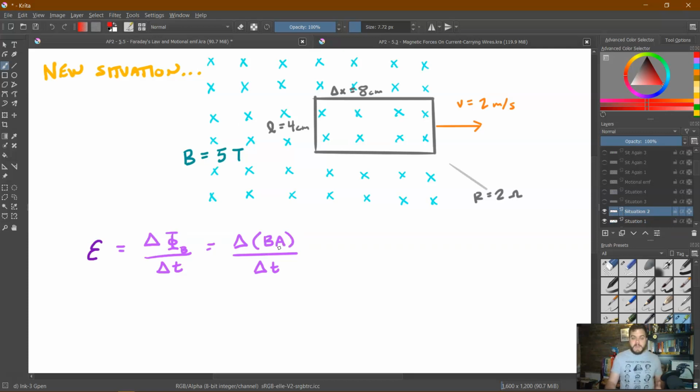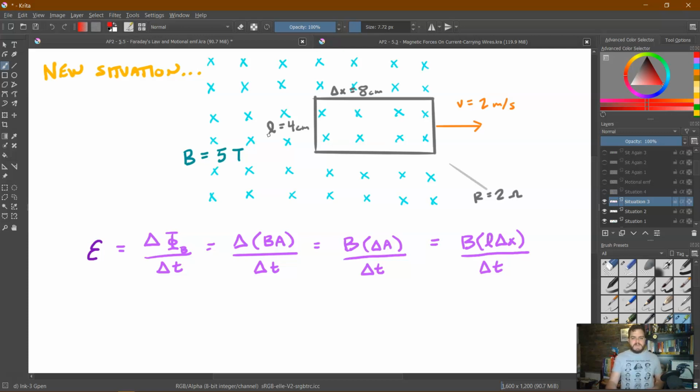Now, you could figure out the change in area here, because we could say, oh, well, it's being pulled at this V, and that's going to make the part of the area that has a magnetic field in it decrease. And this is actually the right idea here, because now, if I look at this, I've got delta B times A for the change in flux, so I'm really going to be changing the area. But what is this area always going to be equal to?